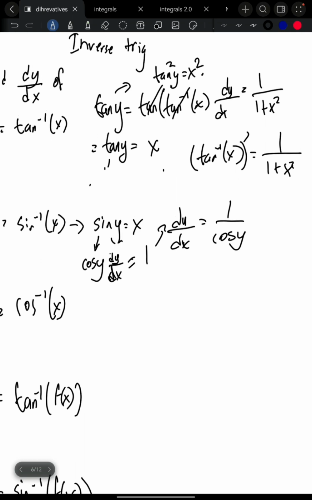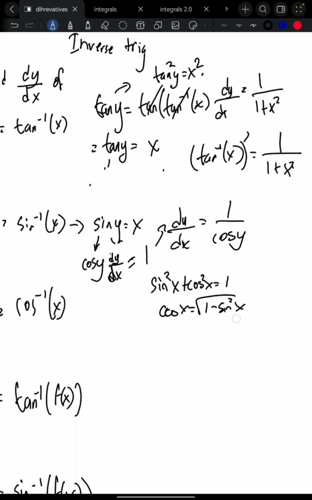You know that sine squared x plus cosine squared x is equal to 1? You can subtract sine squared and you get cosine squared x is equal to 1 minus sine squared x. And if you take the square root of both sides, you get cosine x is equal to root of 1 minus sine squared x.